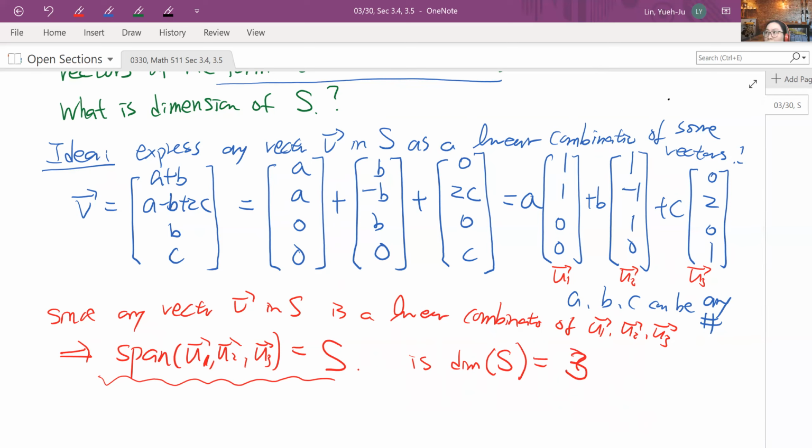Can anyone tell me? Well, if it was more than 3 and we only have 3 vectors, then it couldn't be the case, right? So it will be at most 3, right? But could it be less? At this point, could it be less?